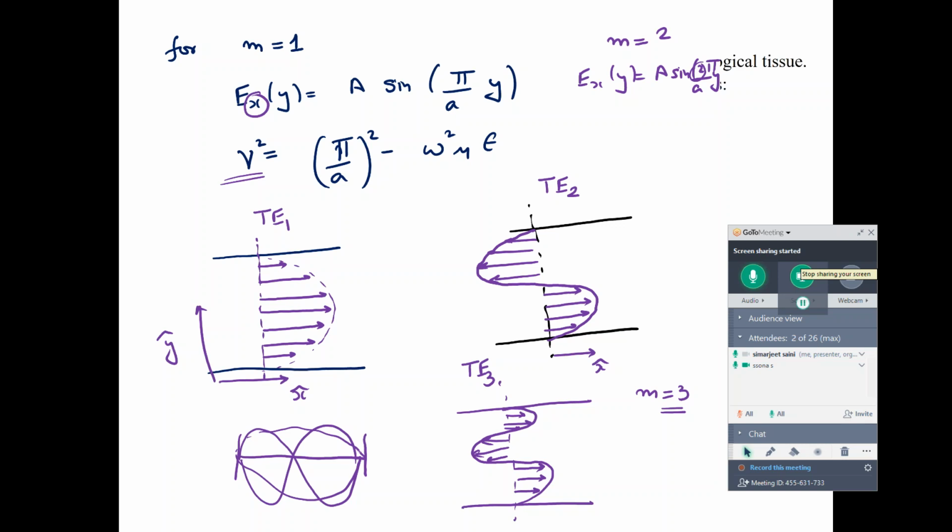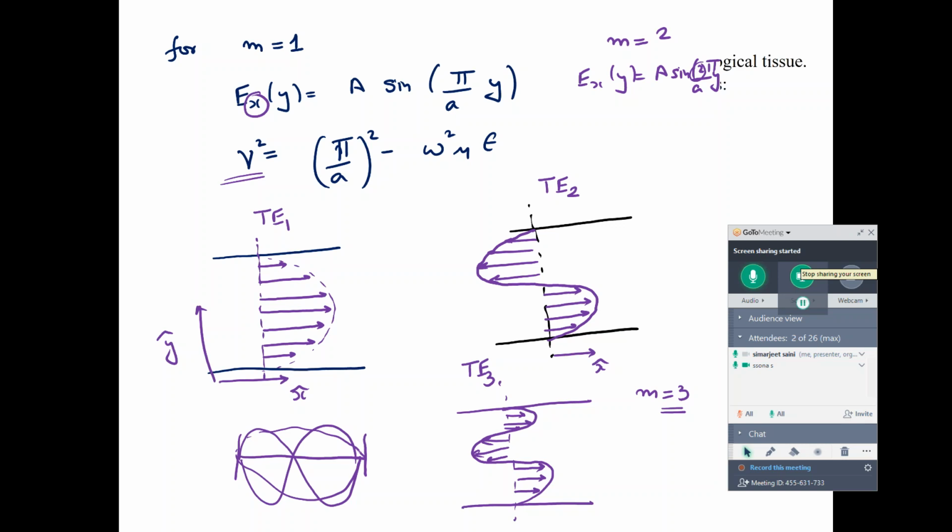Guitar string is a very classical example. If you take a guitar string, it would only oscillate in very specific harmonic modes. That's how all these musical instruments, the pianos, the sitars, and various other things are made to create only very specific frequencies.